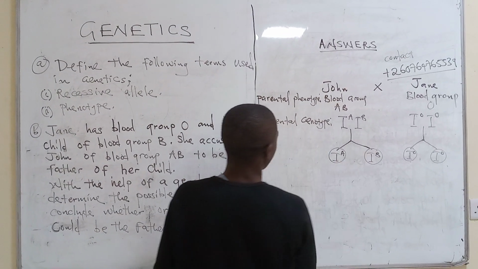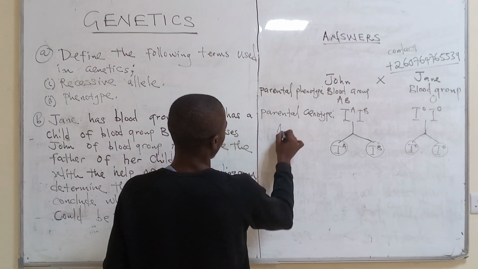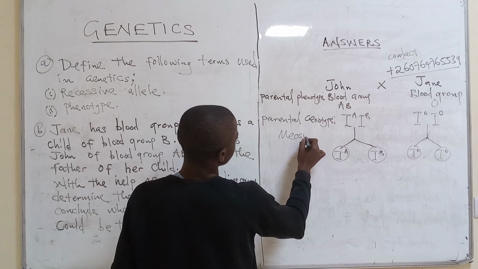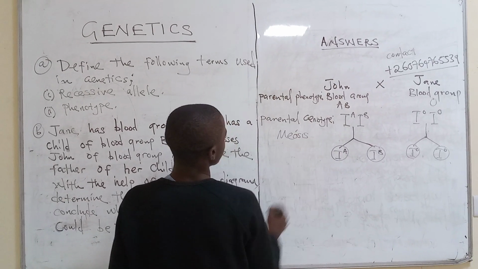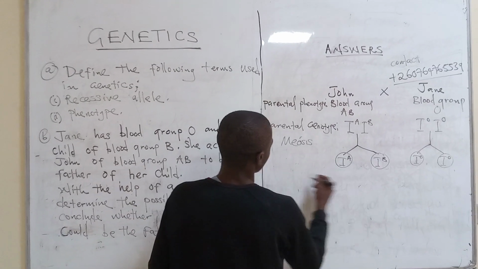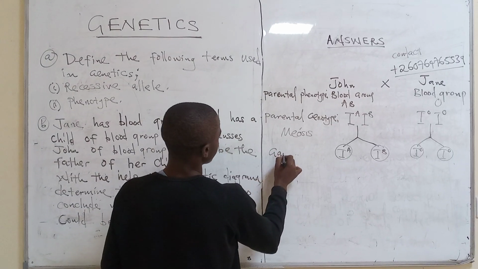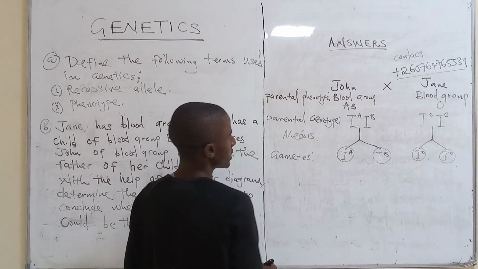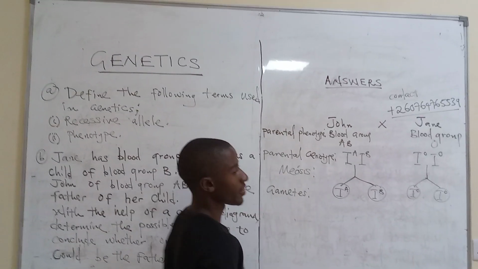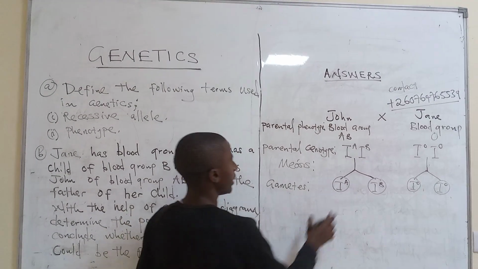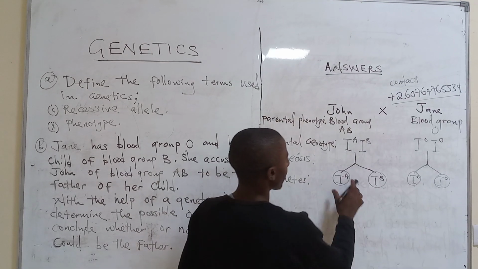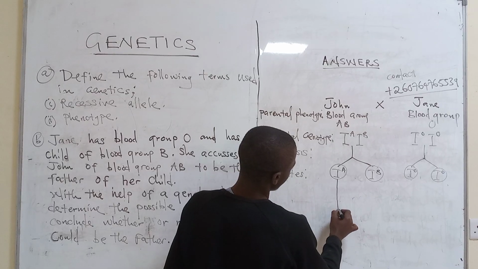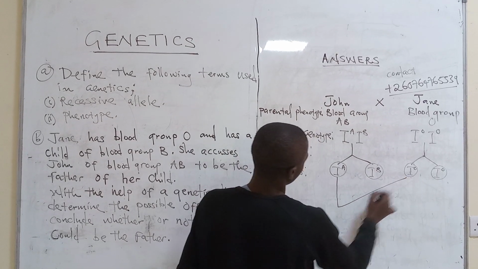So this process that has taken place there is what we call meiosis. And then these are what we call gametes. So what is going to happen now is the random fertilization, where each gamete is going to collide with another gamete.